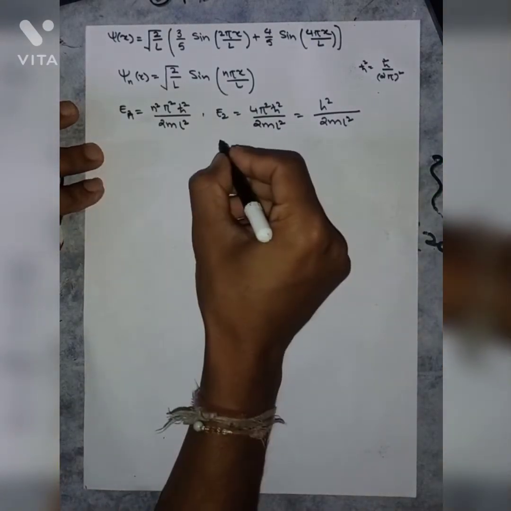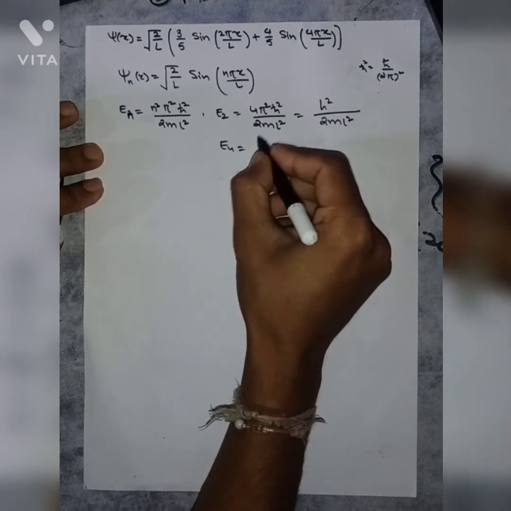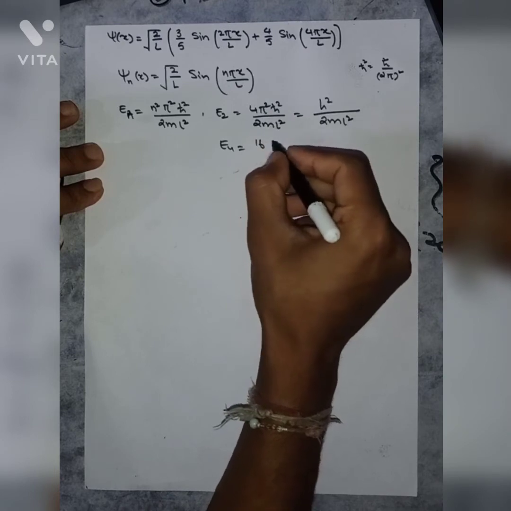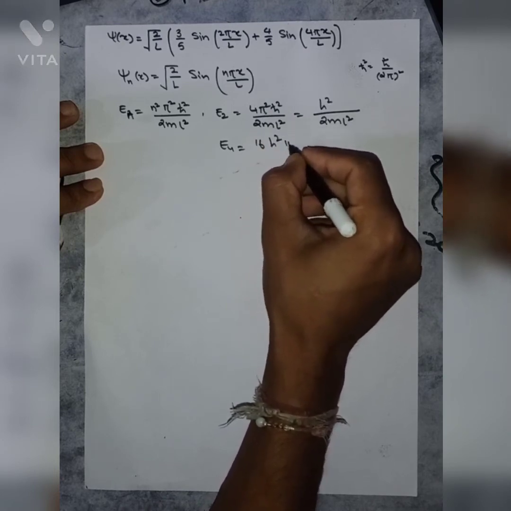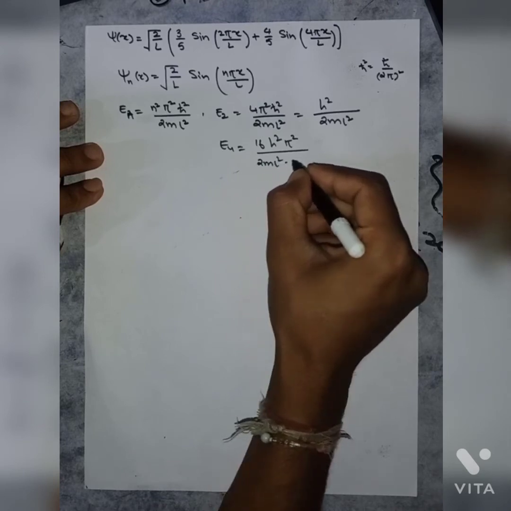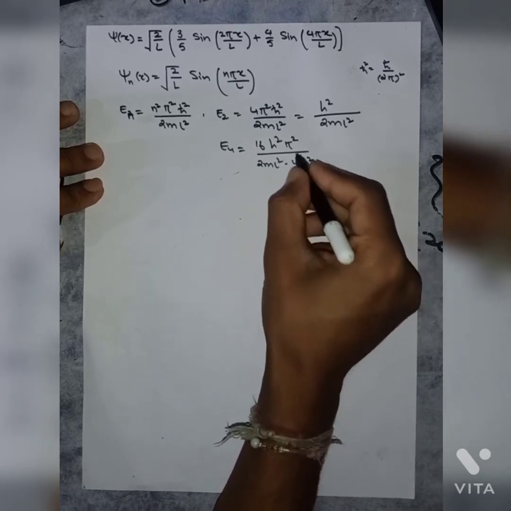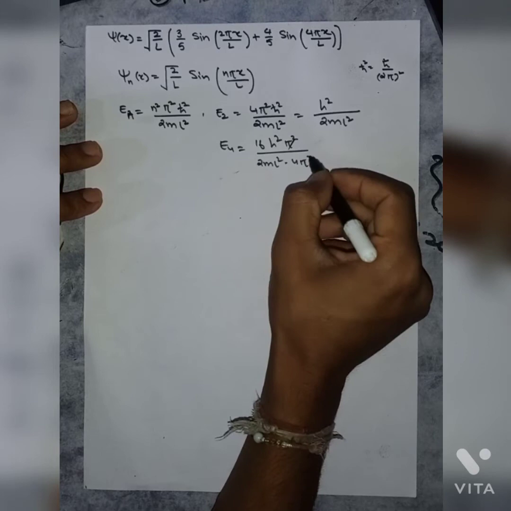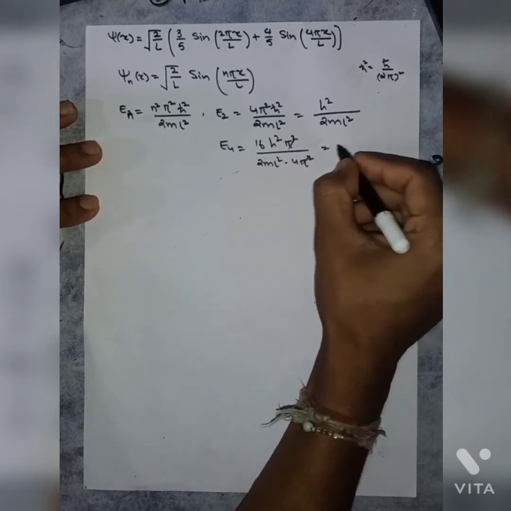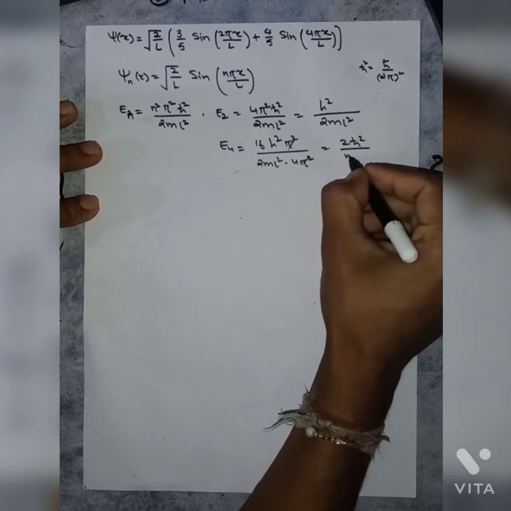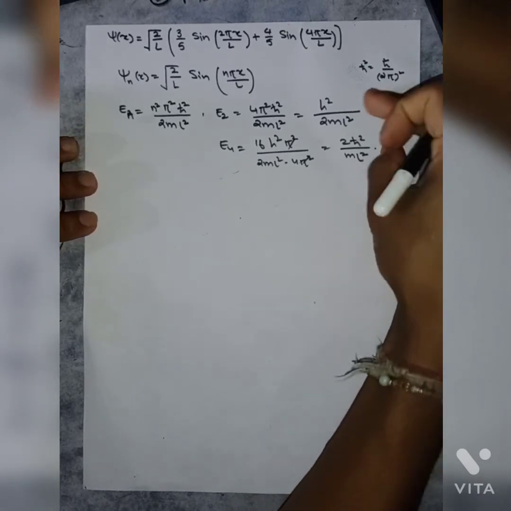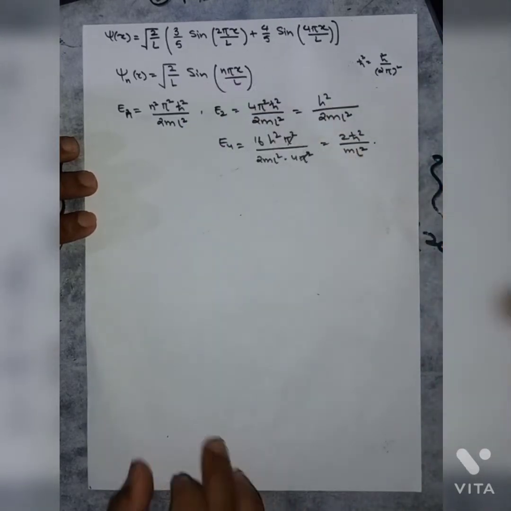Second, E4: 4 square is 16, and this h square pi square divided by 2m L square into 4 pi square. This 4 pi is coming out from h bar. This will get cancelled. 16 by 8 is 2, so this is 2 h square upon m L square.